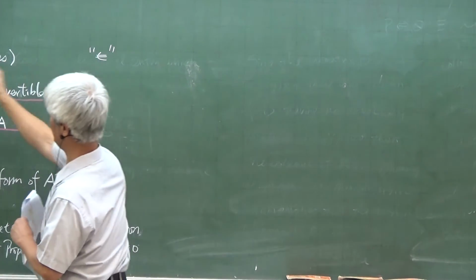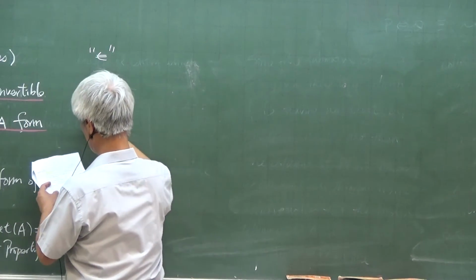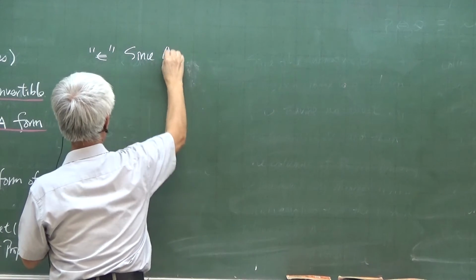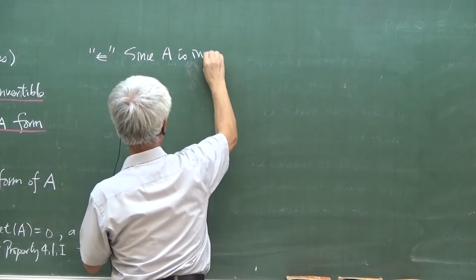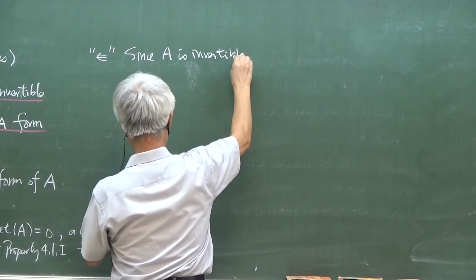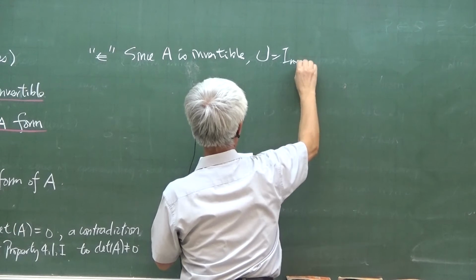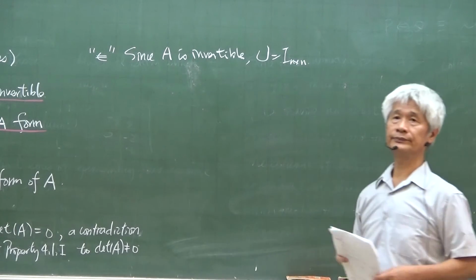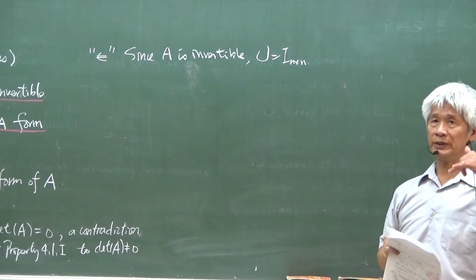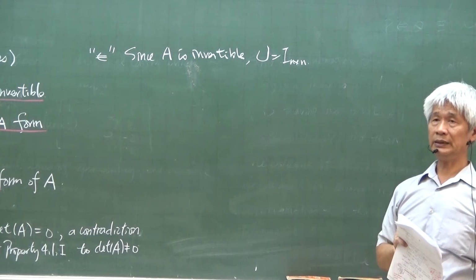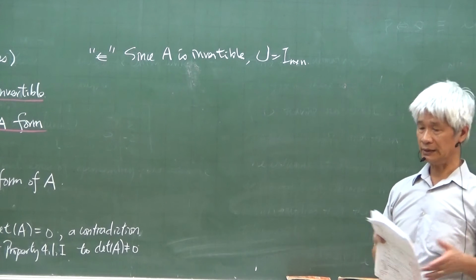Alright, the forward direction. We assume that A is invertible. So since A is invertible, we know that U is the identity. Okay? In chapter 3, we know the reduced row echelon form of any invertible matrix should be the identity matrix.